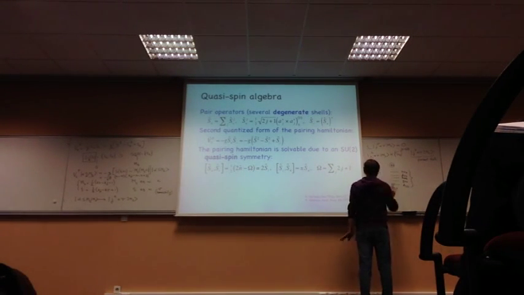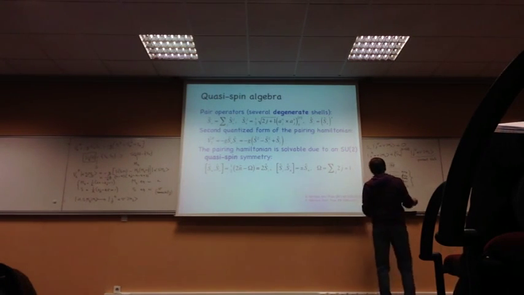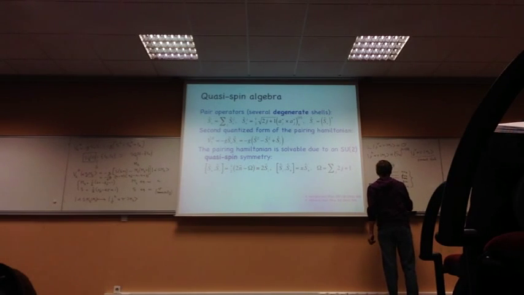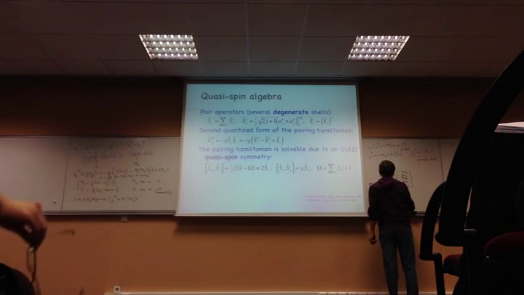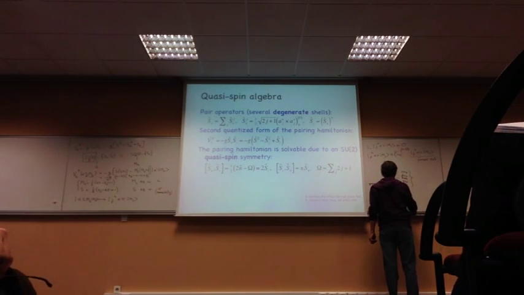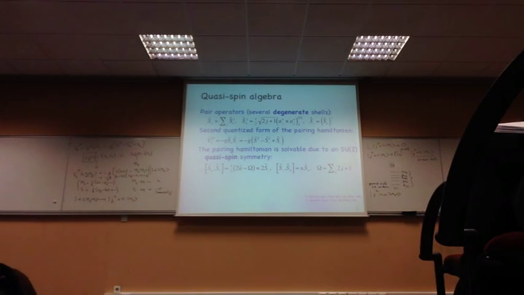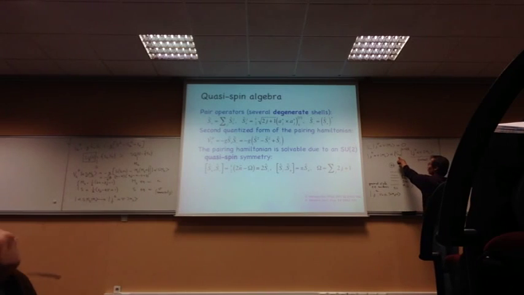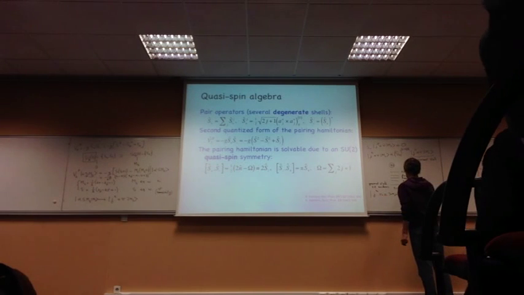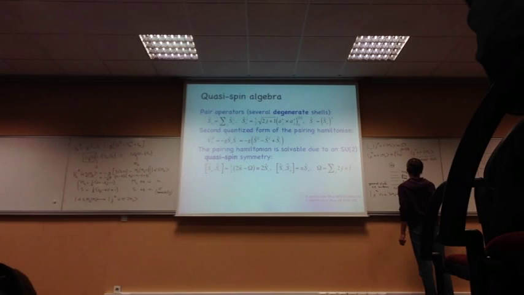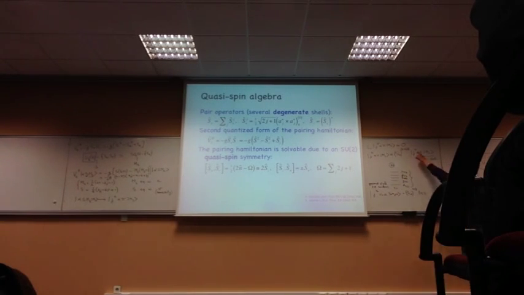Let me forget about this alpha because it's not needed. The seniority is 0. Then one can convince oneself that the angular momentum of that state should be 0 also. That's quite natural because you have only pairs of particles coupled to 0. This state is S plus to the n over 2, acting on a state without any particles.